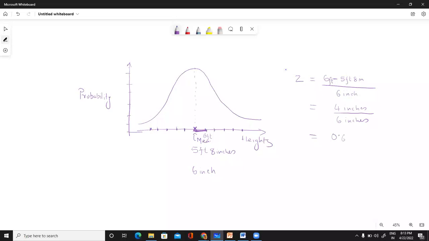So the z value for 6 feet in this situation is 0.66. So what is the probability of a person's height being between 5 feet 8 inches to 6 feet?